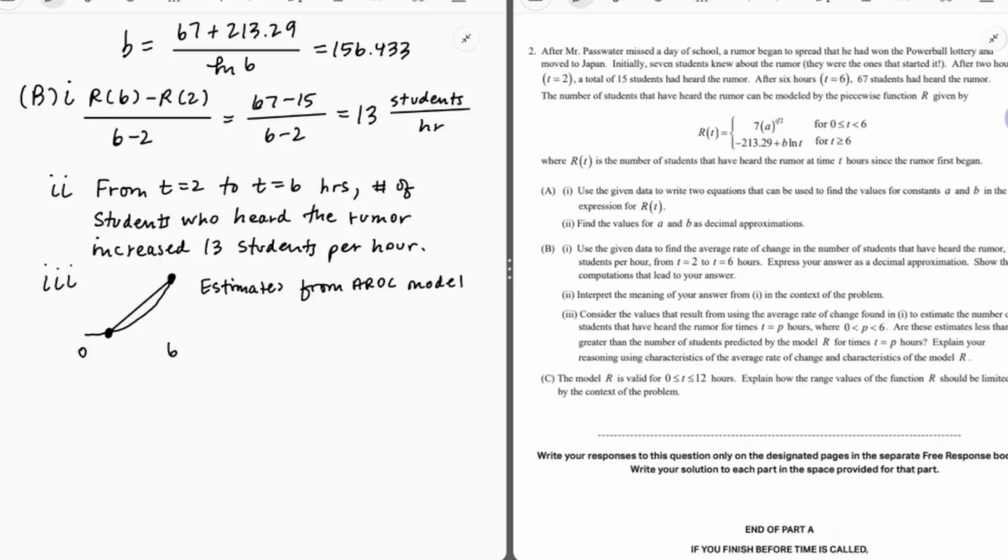It's that curvature that's keeping it below the straight line. Because the graph of R is concave up on the interval 0 to 6.